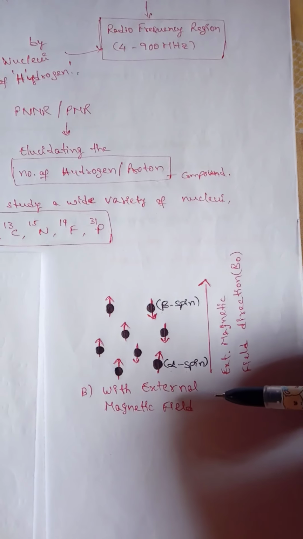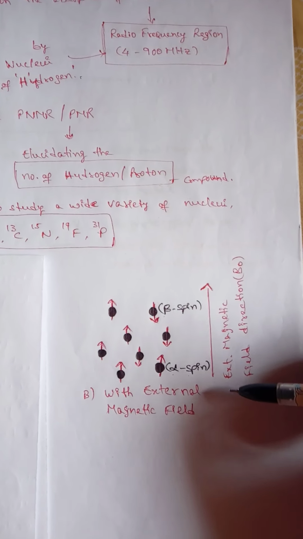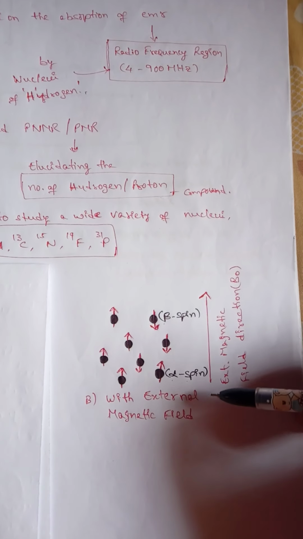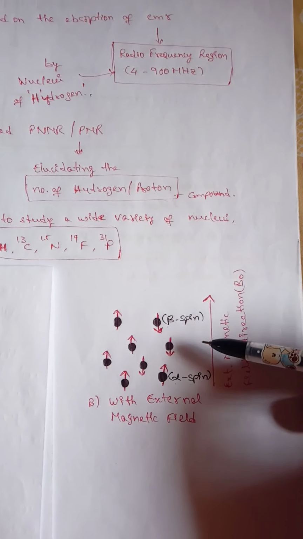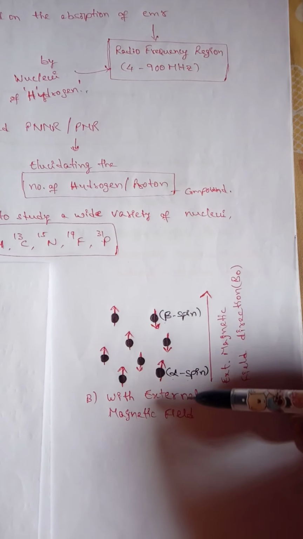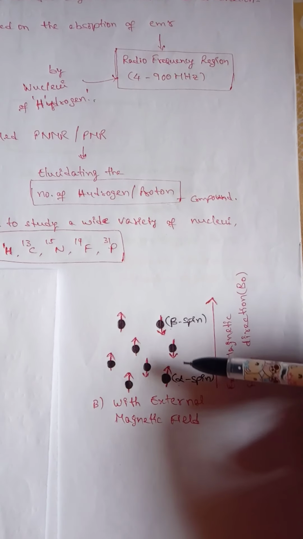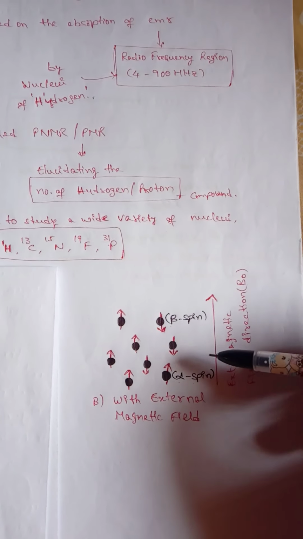When an external magnetic field B naught is present, the nuclei align themselves either with the field or against the field.